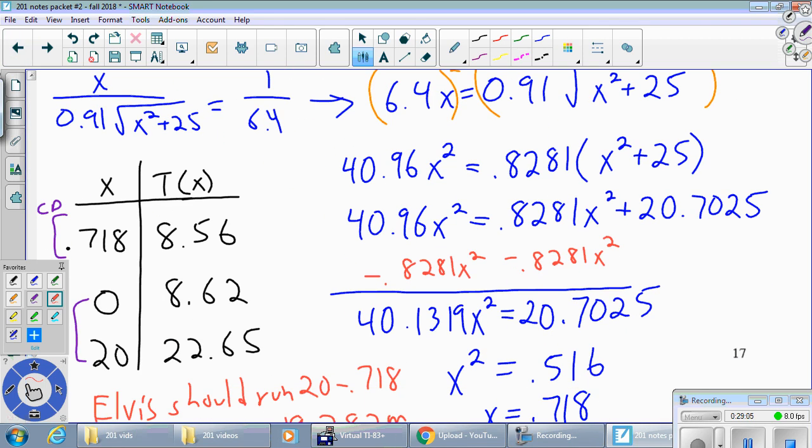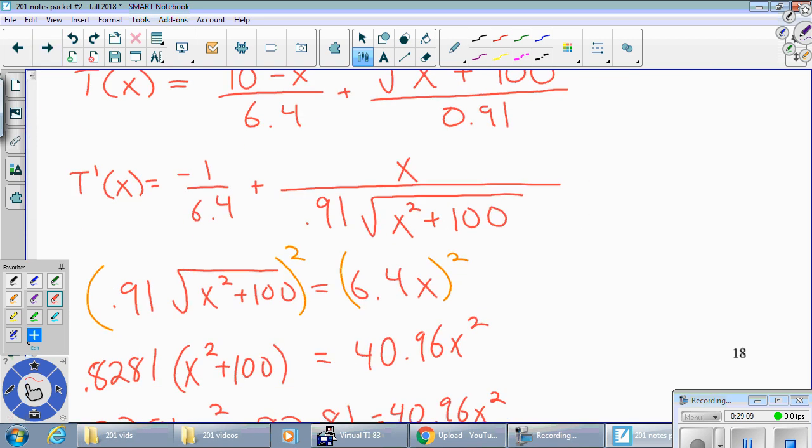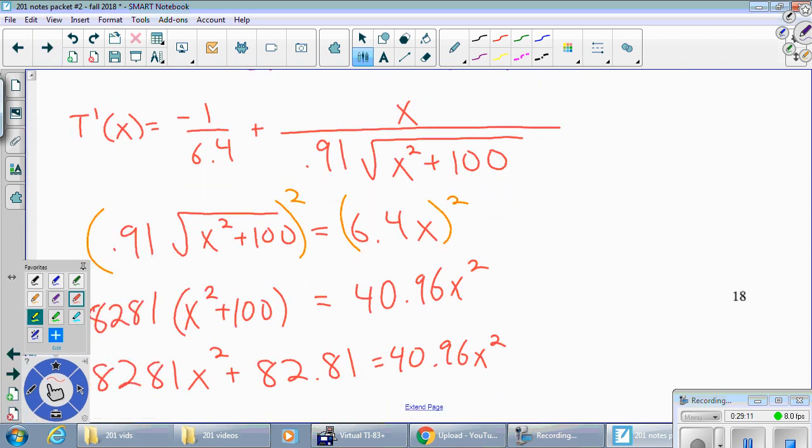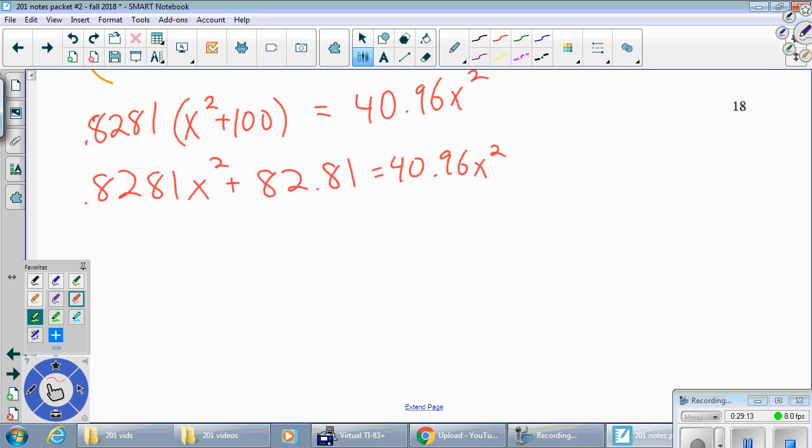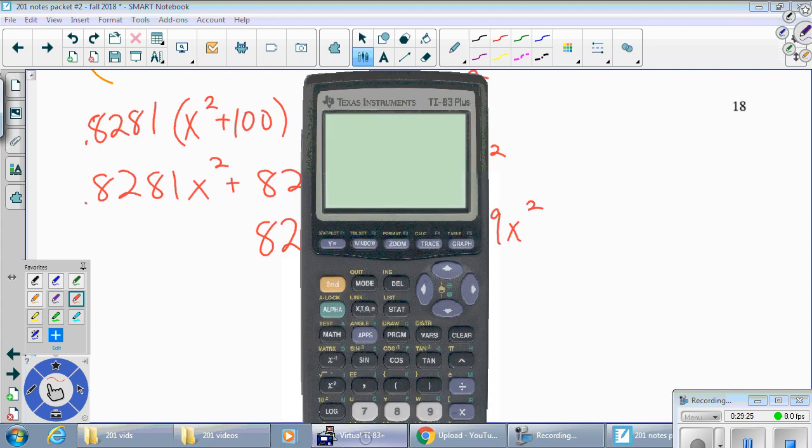So where is that? 40.1319. 40.1319 x squared equals, and the only difference is this 82.81. So really that number is the only change, and then we do a division here and then take a square root. So let's do that.